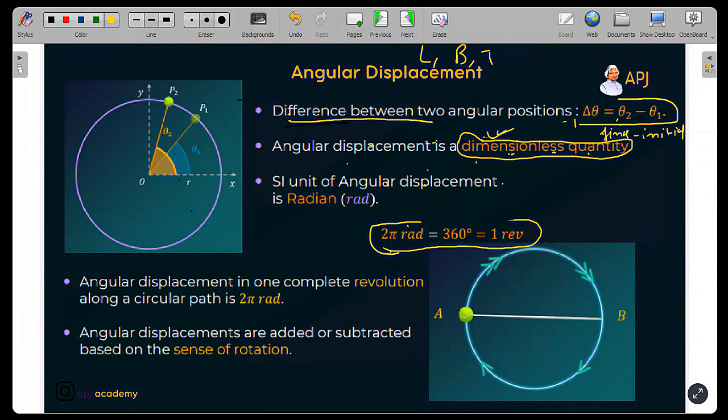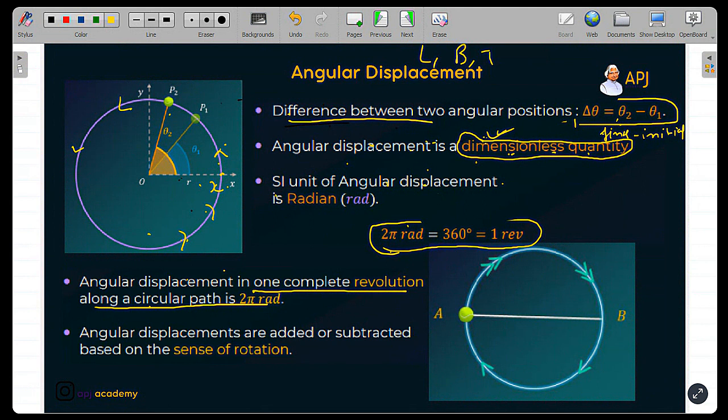They are saying you can only say angular displacement if the particle has completed one complete revolution along a circular path. When will you say angular displacement? When your particle started from this point, suppose this point x, and it went along the circumference, and then comes back at this point x again.